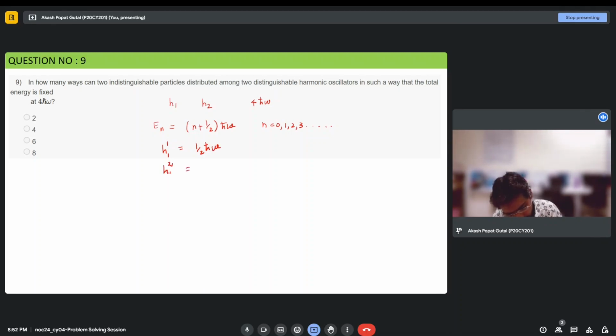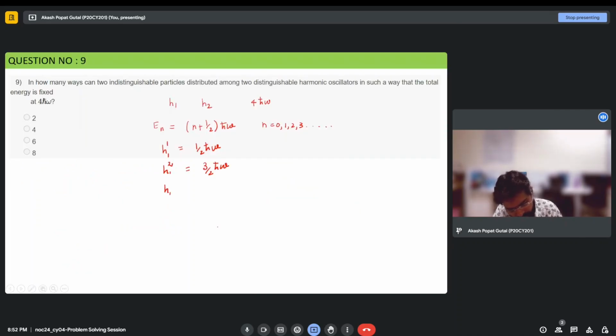Similarly, quantum number 2 will be 3/2 ħω, quantum number 3 will be 5/2 ħω, quantum number 4 will be 7/2 ħω, and so on.